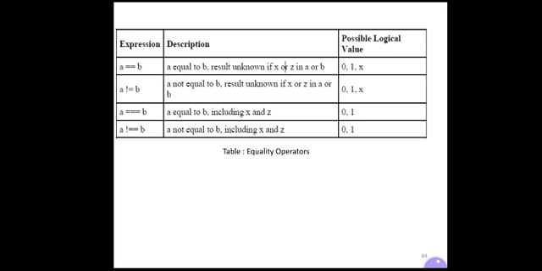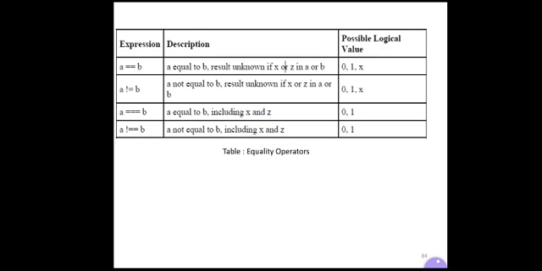Now see the case equality operator, A three times equal to B. Here it is important to note the difference between the logical equality operator and the case equality operator. The case equality operator produces the result only in terms of true and false, so the possible result is 0 or 1.